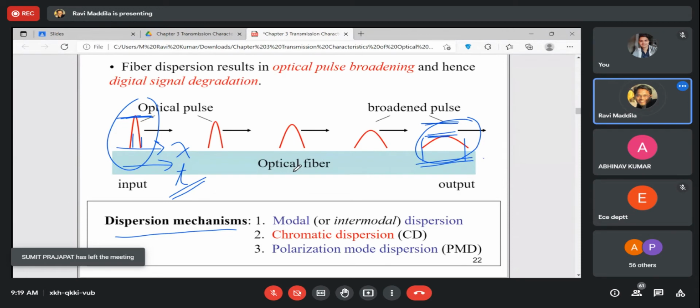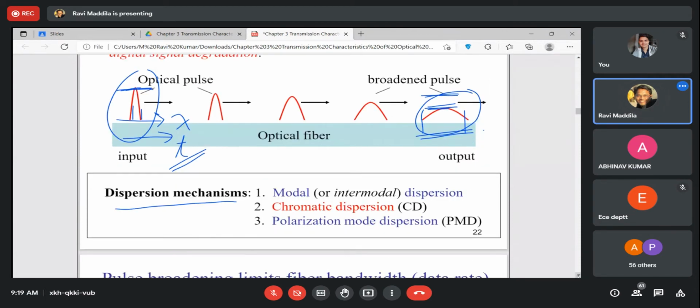And another type is the polarization mode dispersion. In polarization mode dispersion, it's likely that the polarization of the optical pulse, here we see an optical pulse, may have certain polarization, or it may be a mixture of some polarizations. So in polarization mode dispersion, the optical fiber need not maintain the polarization of the optical pulse.